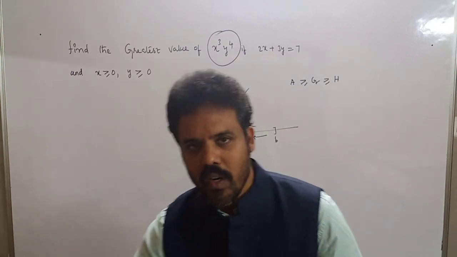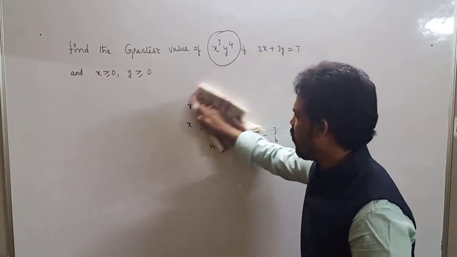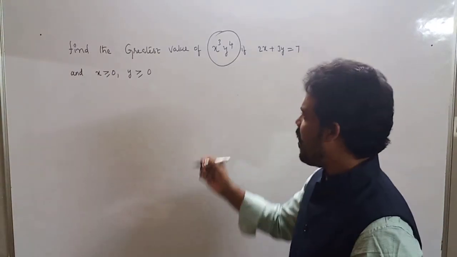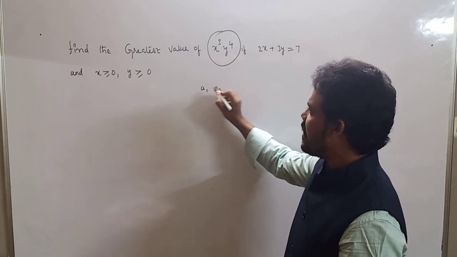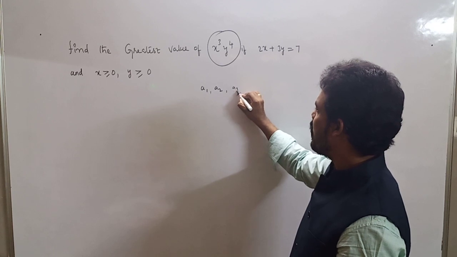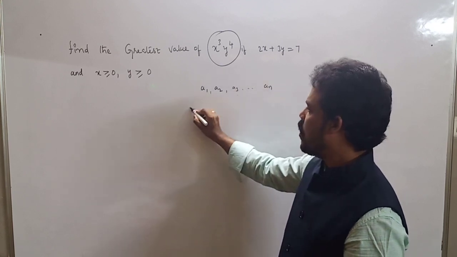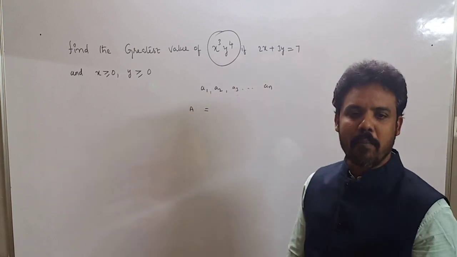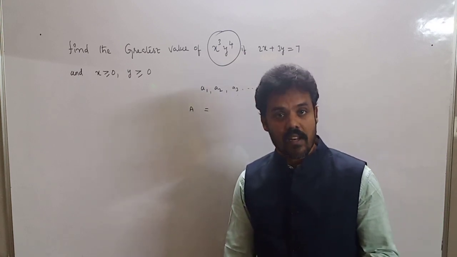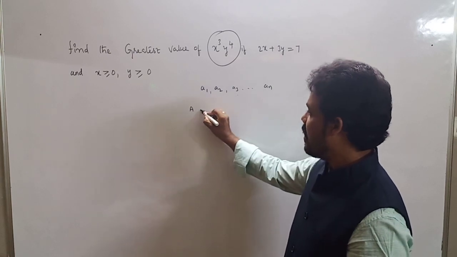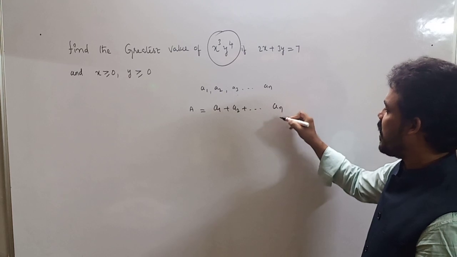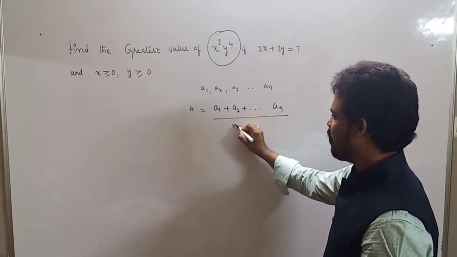I haven't started the problem, I am just explaining the concept before this problem. Denoted by capital A, that means A is equal to A1 plus A2 plus so on up to An by n. This is the arithmetic mean.